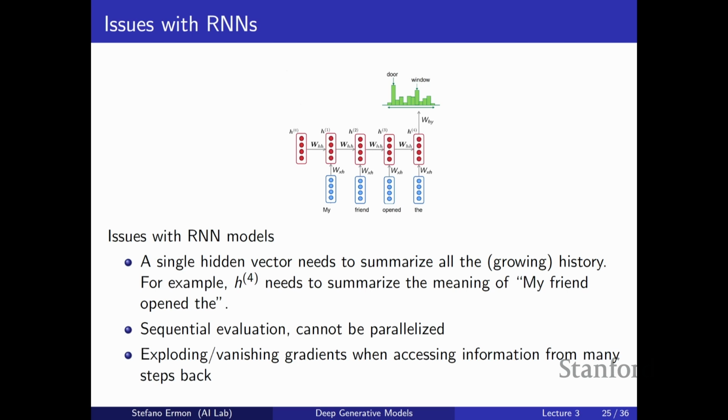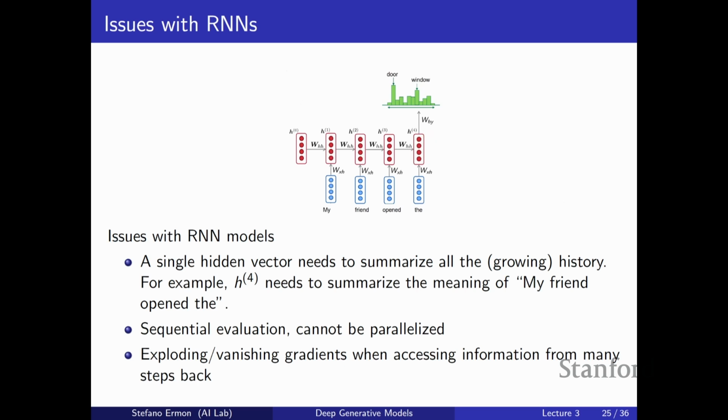Like in this example here, where I'm building an RNN to model text. So you have tokens, and you might have some prefix, like "my friend opened the," and then you're going to use all this information. You pass it through your RNN, and the RNN will update its state, its hidden vector, and you end up with a hidden vector H4 here, and then you use that vector to predict the next token.